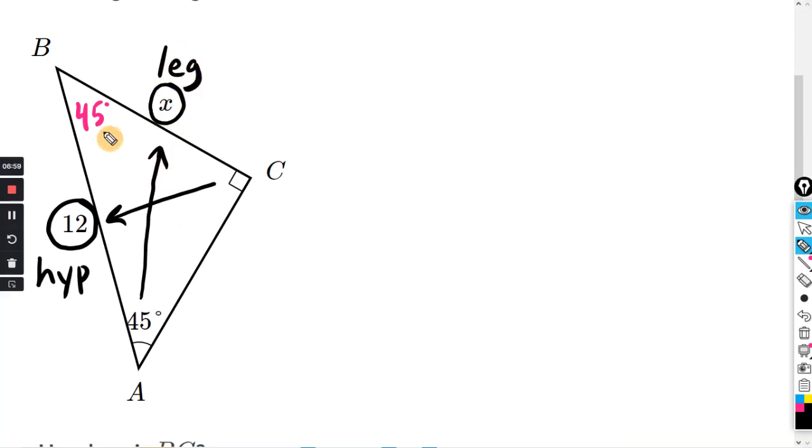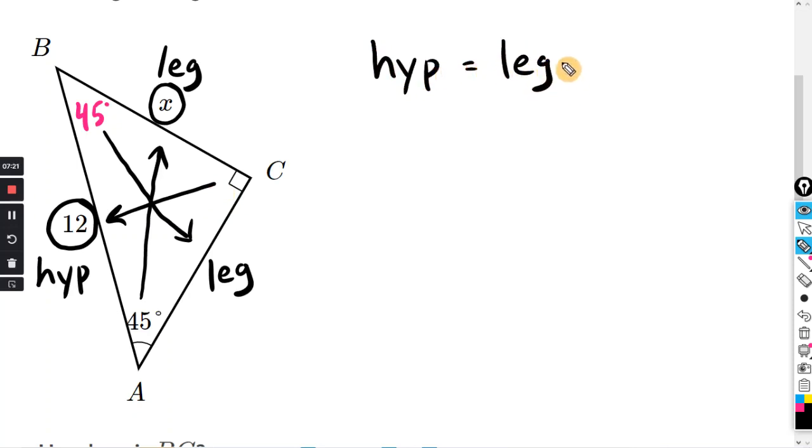Across from 45 degrees to the side, that is also a leg. Okay, and now we want to use the correct formula. There's only one formula for 45, 45, 90, and that is hypotenuse equals leg times radical 2.